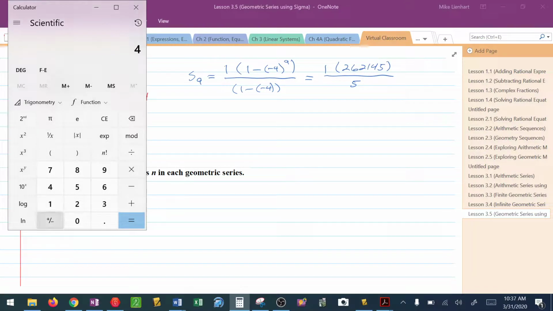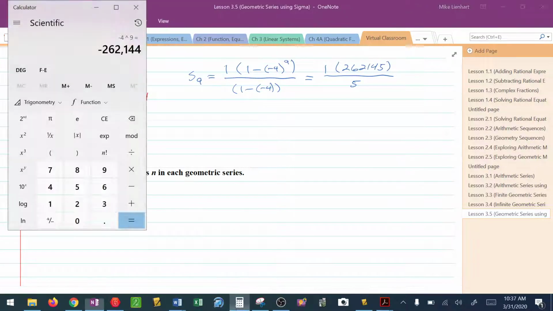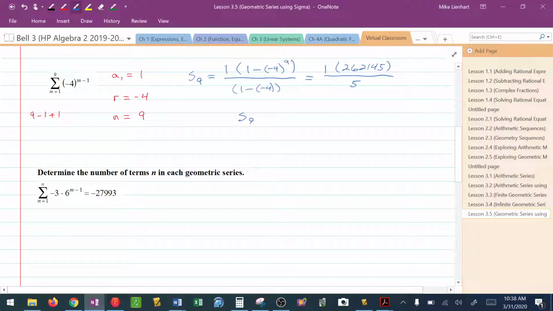If I take negative 4 and raise that to the 9th, and then 1 minus that, it would give me 262,145. So what I did on the calculator worked. Now I take 262,145 divided by 5, and that tells me the sum is 52,429.